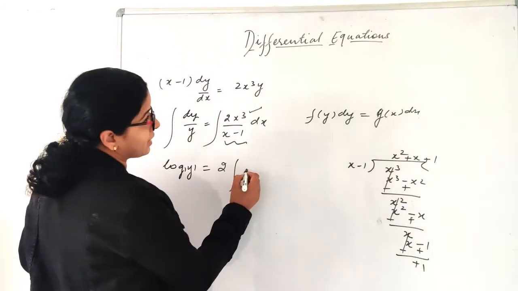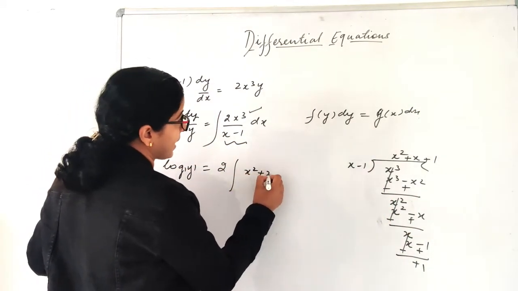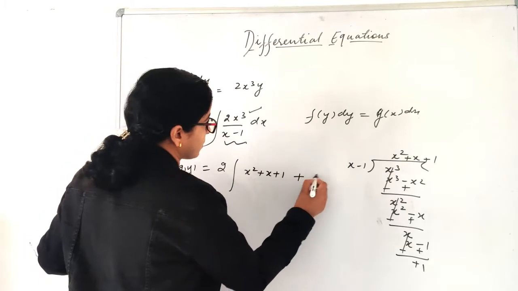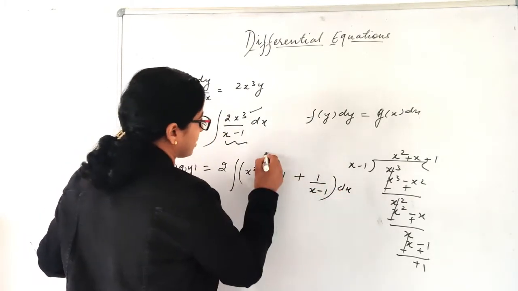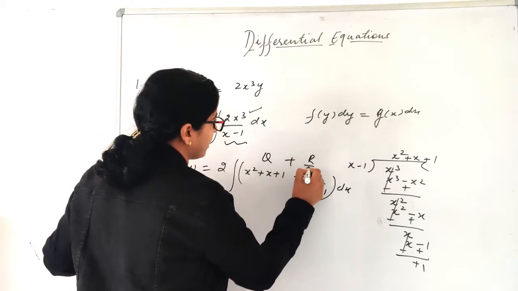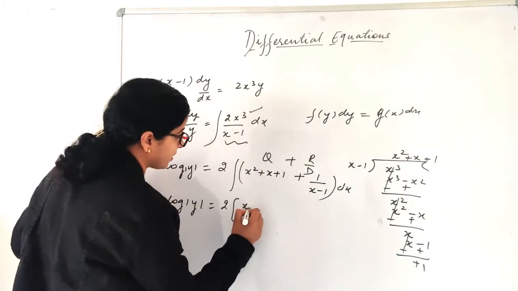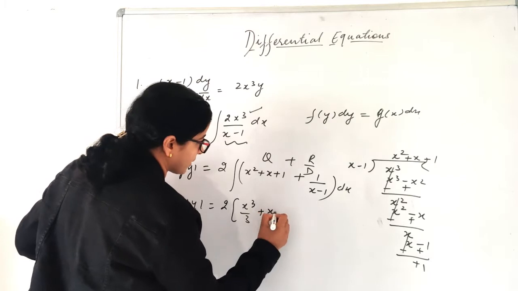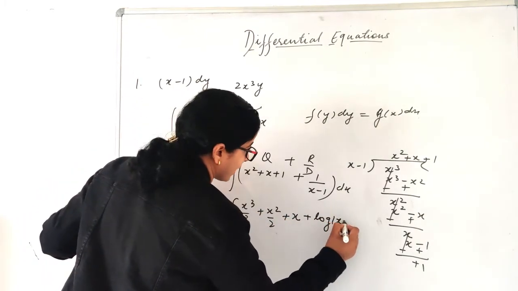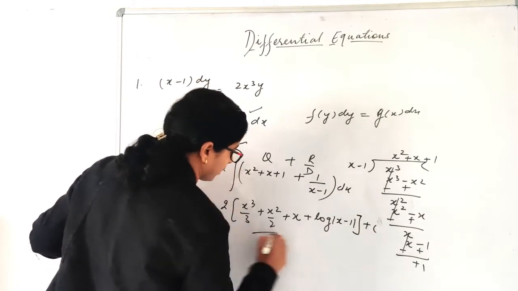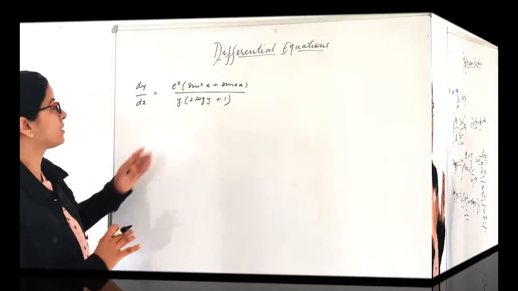Right, I am getting here x square plus x plus 1 plus 1 upon (x minus 1) dx, right? So it is nothing but q plus r by d. Now let us solve it. So this is x cube by 3 plus x square by 2 plus x plus log (x minus 1) plus c. Done.